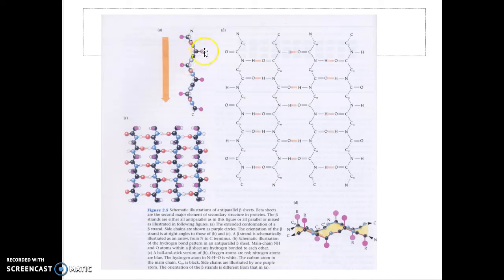And the pink color represents side chains, which alternate from the right side to the left side, right side, and left side, something like that. You see the overall direction of this peptide is N to C from top to bottom.